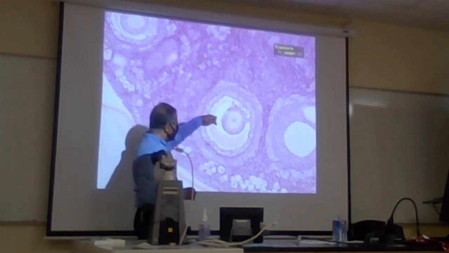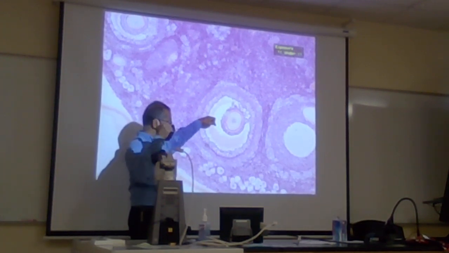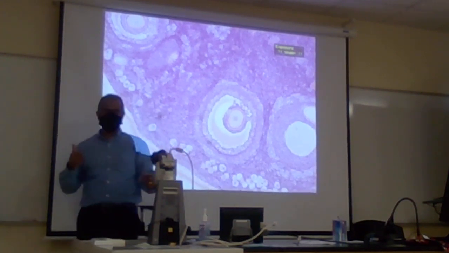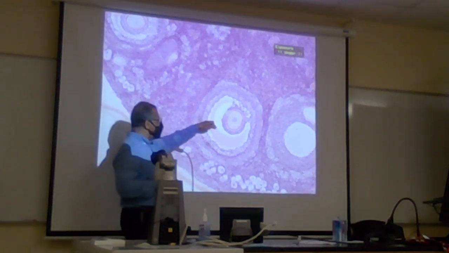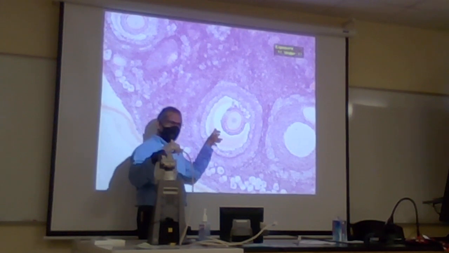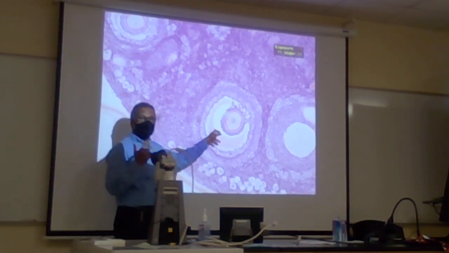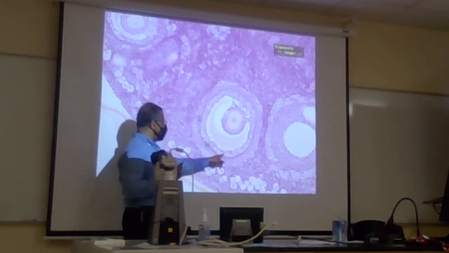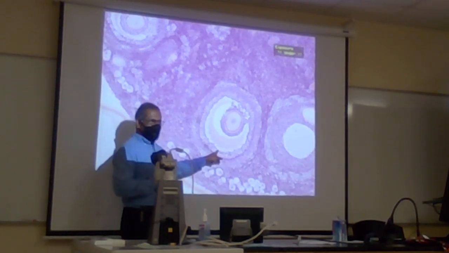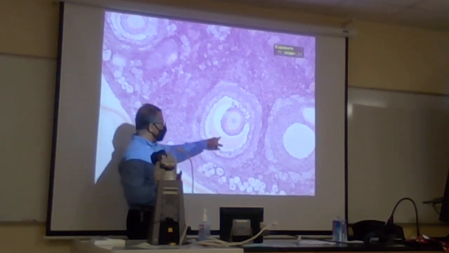What is this space called? Antrum. What is it filled with? Antral fluid. It's rich in estrogen. Where does that estrogen come from? The granulosa cells, right? But initially formed in the thecal cells as testosterone, then converted in the granulosa.